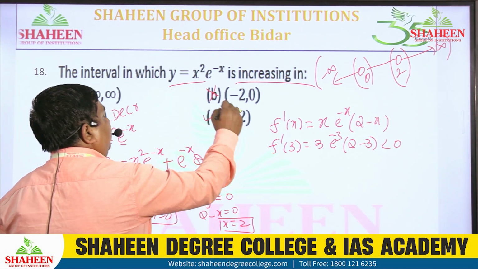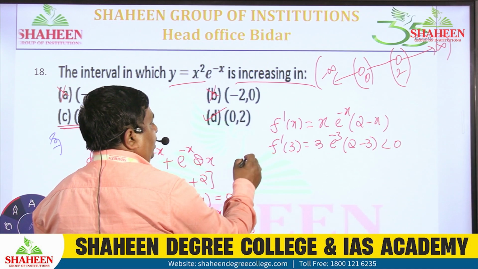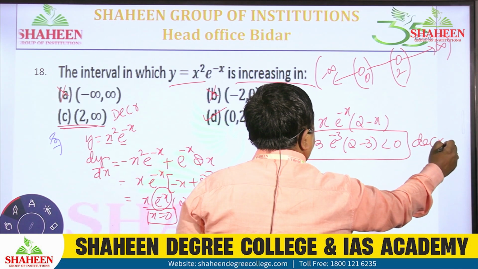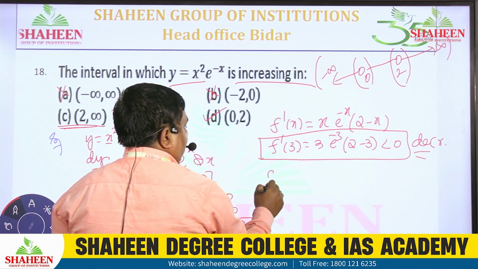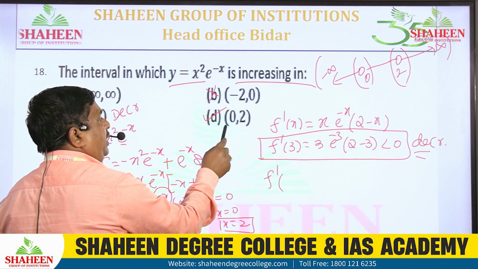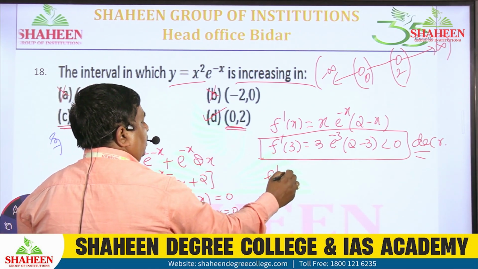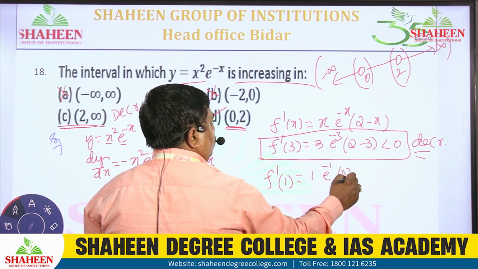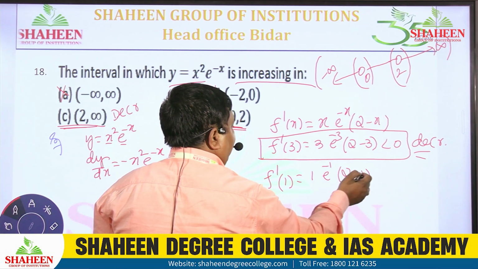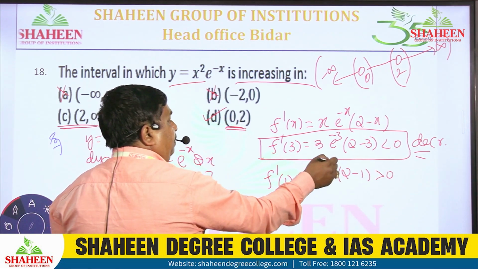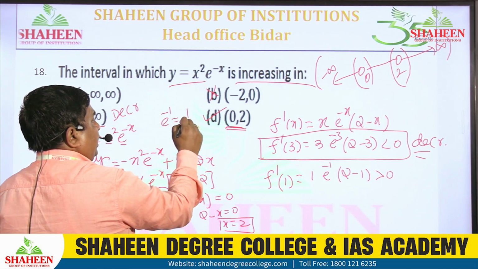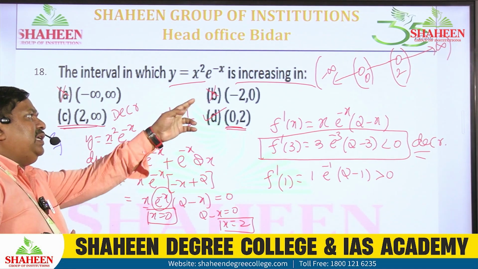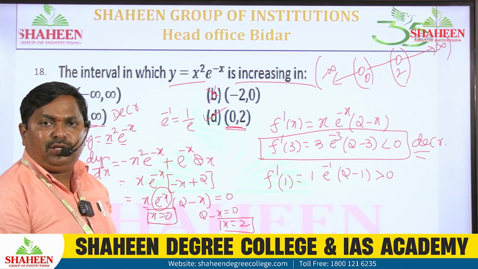So the fourth option is not correct, since here it is decreasing. Now f dash, if you take a number between 0 and 2, take 1. This becomes 1 into e power minus 1 into 2 minus 1, and this is positive. e power minus 1 is nothing but 1 by e, and 1 by e is always positive.